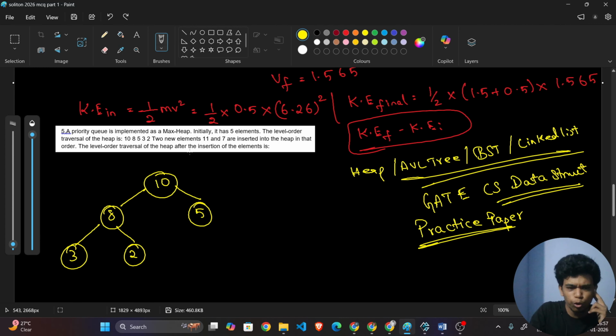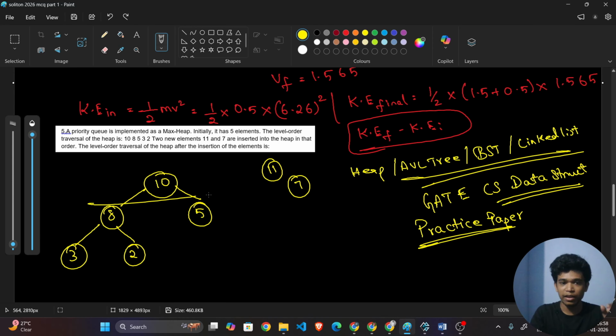Now 2 new elements are added, 11 and 7 are inserted into the heap in that order. The question asks for the level order traversal of the heap after insertion of the elements. Whenever you are inserting values, you need to insert from left to right.